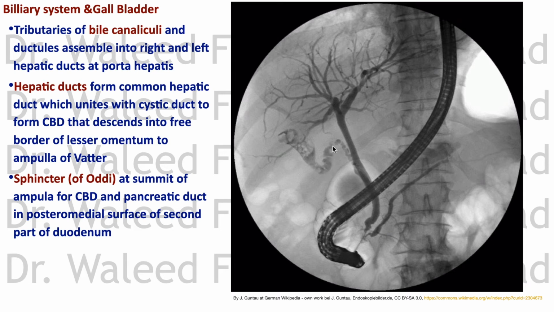See the cystic duct? This is the gallbladder, and this is the cystic duct. It joins the hepatic duct at an acute angle to form the common bile duct, which opens on the posteromedial surface of the second part of the duodenum at the major papilla, and the opening is guarded by the sphincter of Oddi. The sphincter of Oddi regulates the flow of bile from the biliary system to the small intestine.